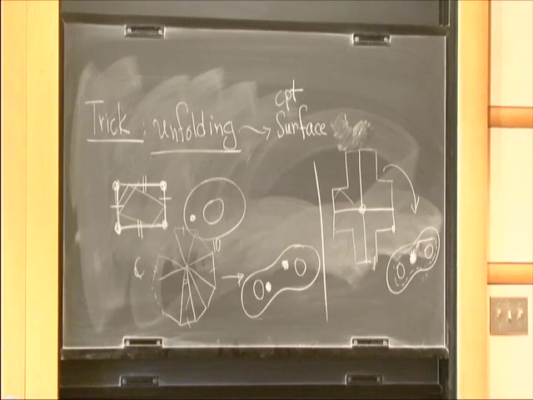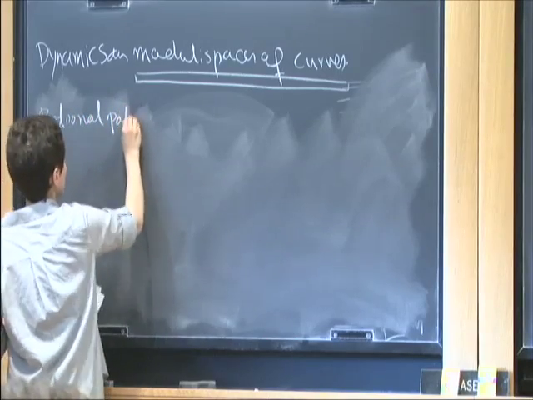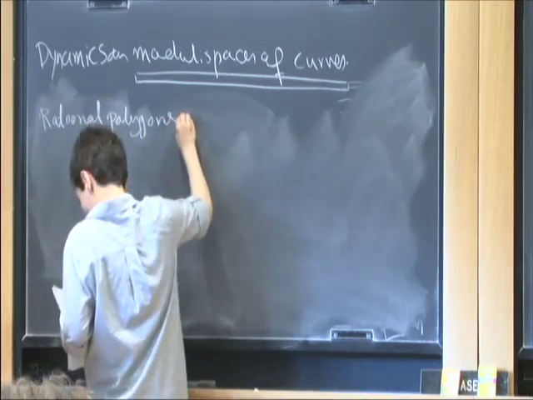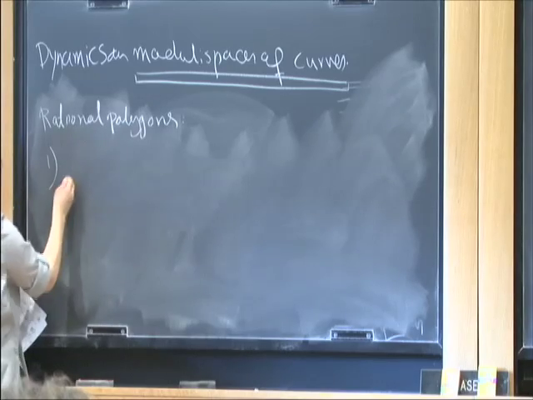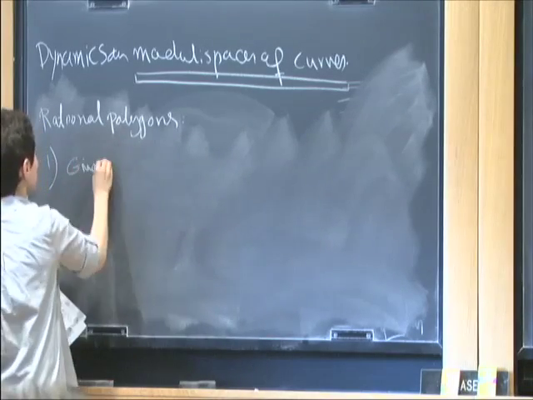So why are rational polygons interesting? Because they give rise to interesting structures on a surface.